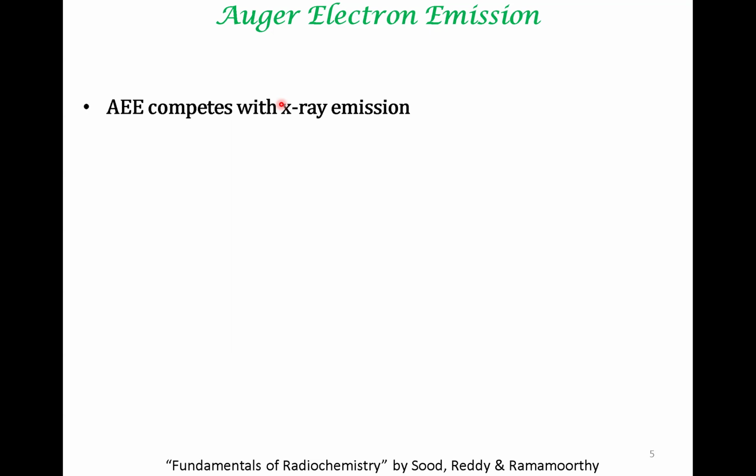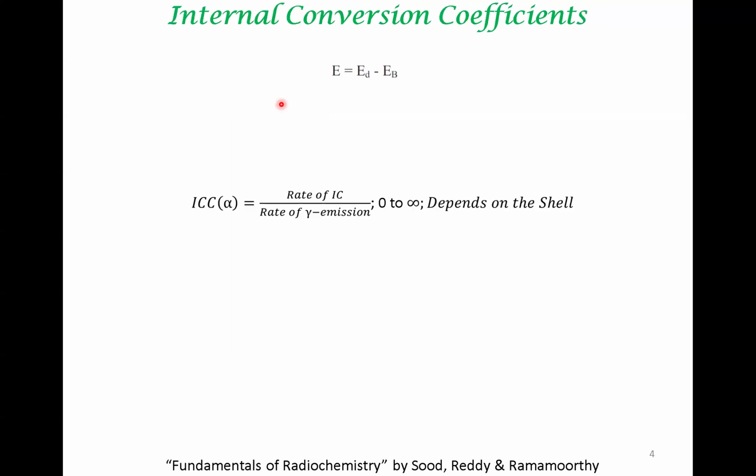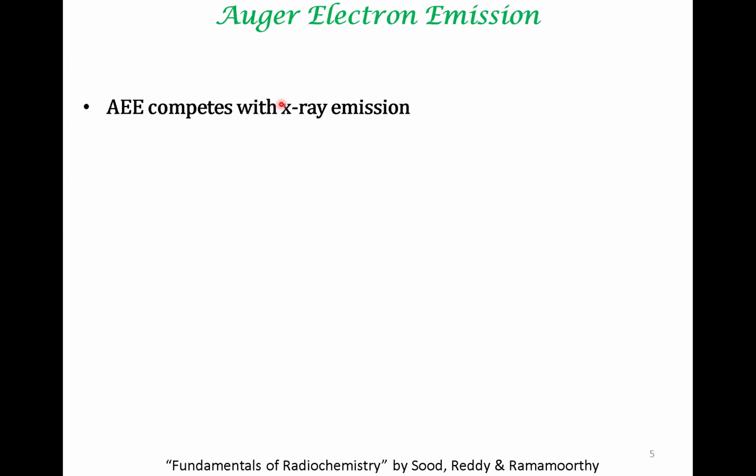Why we are dealing with this is because internal conversion gives rise to electron vacancy. How that electron vacancy is filled is via these kinds of processes. An electron from an outer shell jumps into the hole that was there, which also gives rise to further energy release.